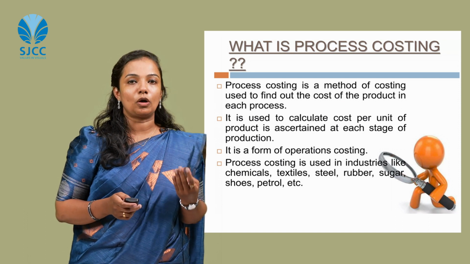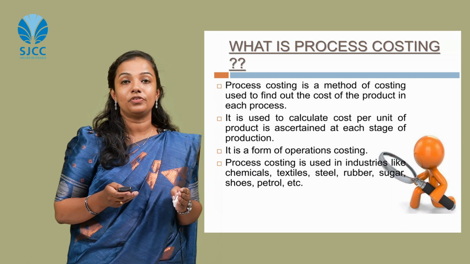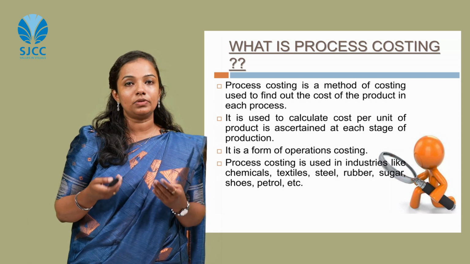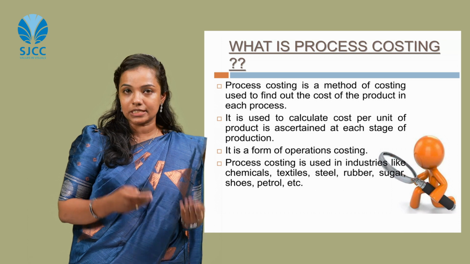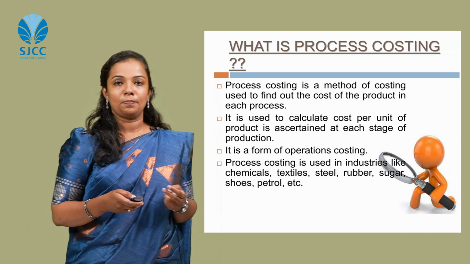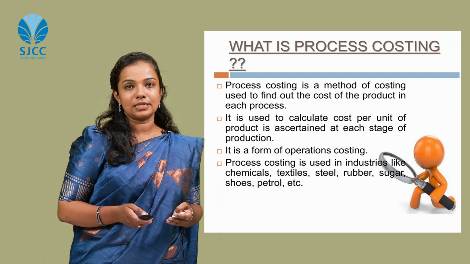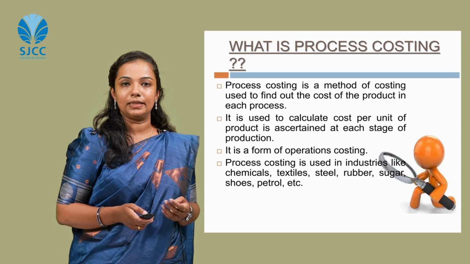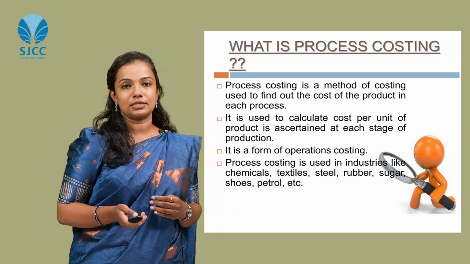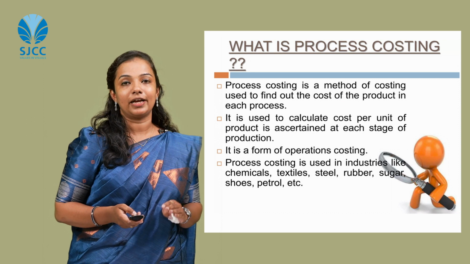You have put in the raw materials here, some work will be happening over here in the first stage, and then whatever output comes out of the first process, it will be the input of the next process. And again, some work will be done in the second process, and then again its output will be the input of the next process. And then at last, what will you have? You will have a final product.